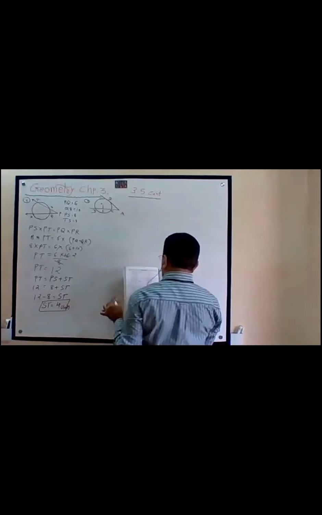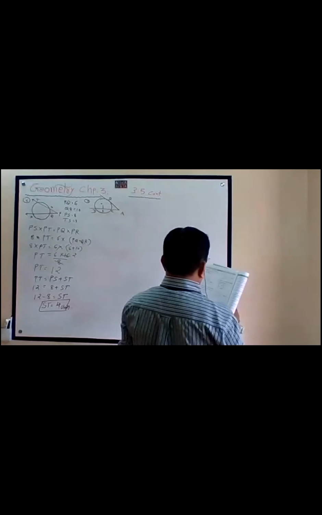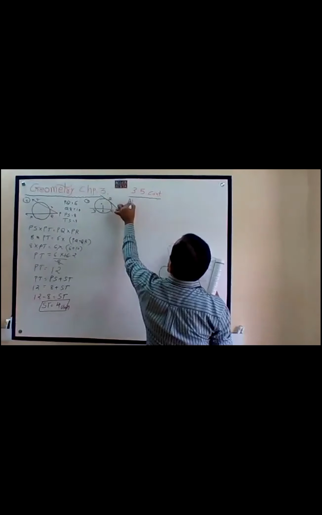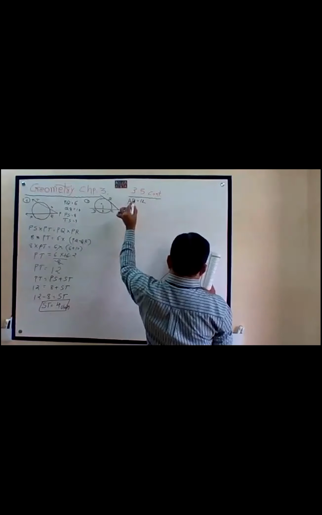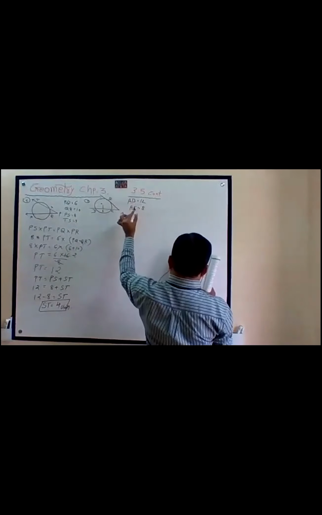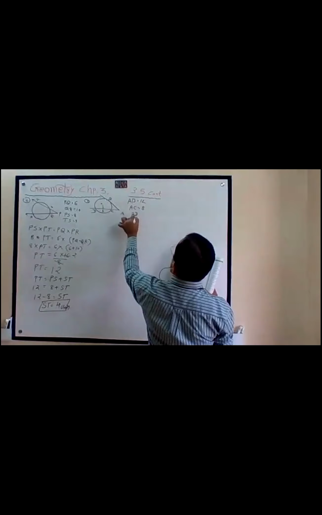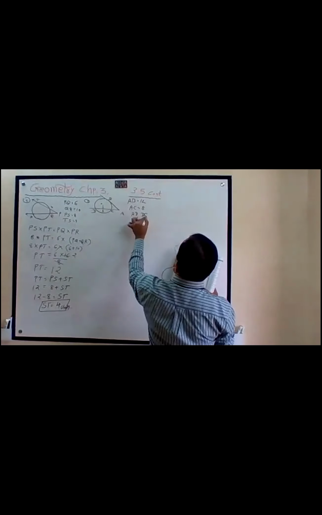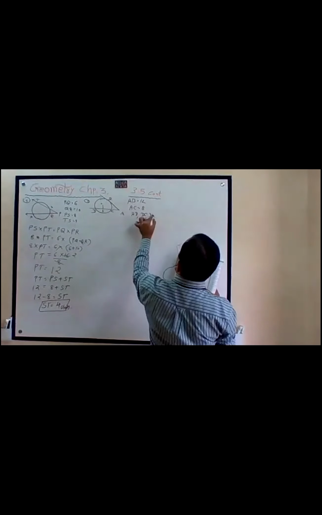That is D. O is the center. AB is given 12. AC is equal to 8. We have to find AD, DC, DE.